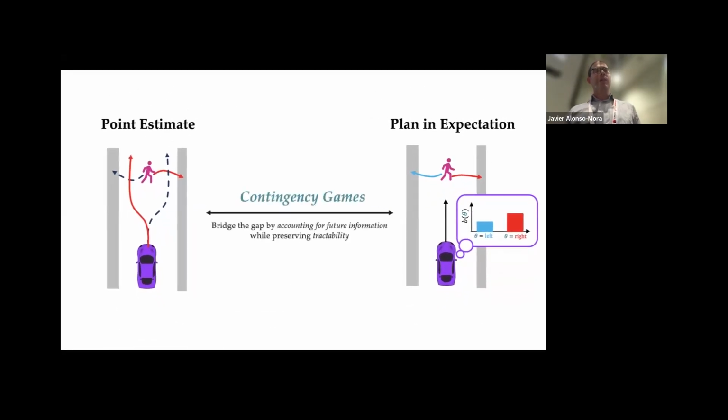And that's where contingency planning comes into play. It's somewhere in between: you assume that you are going to get certainty at some point in the future. At some point in the future, you will know whether that agent goes left or right, and you exploit that during the planning.